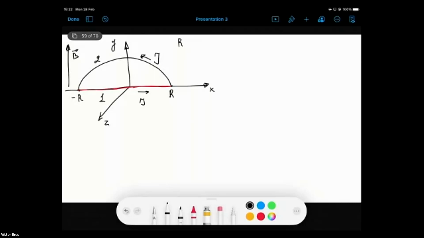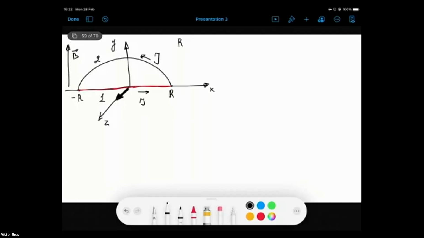So if we place our four fingers in the direction of electric current, in such a way that the magnetic field vector goes into our palm, then the thumb at a right angle shows us the direction of the magnetic force. In this case, we see that the force exerted on segment 1 of the loop, the first conductor, will coincide with the direction of axis z.